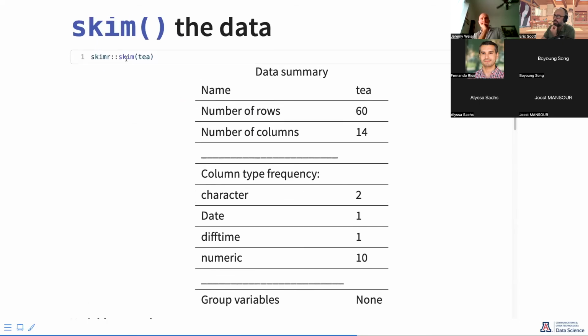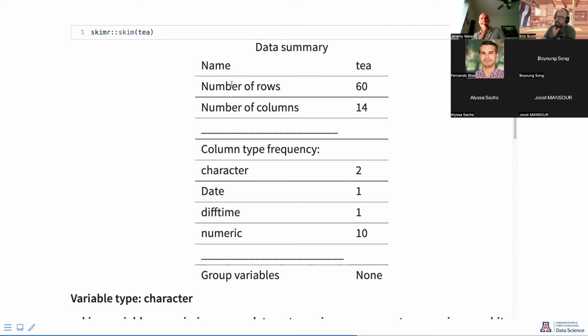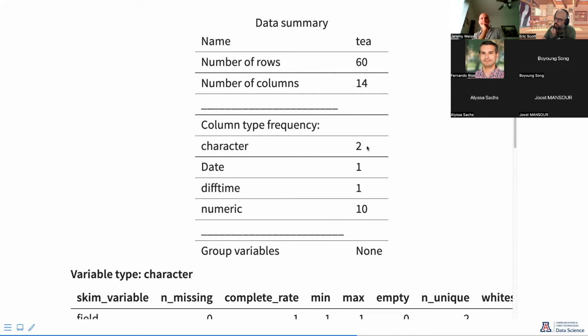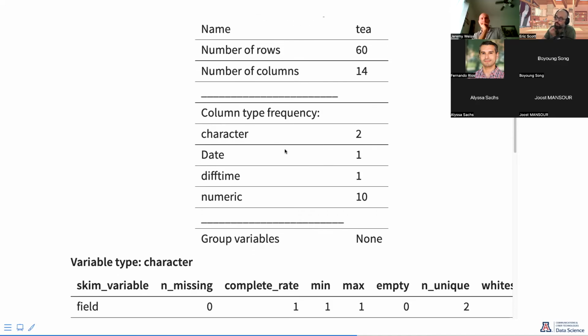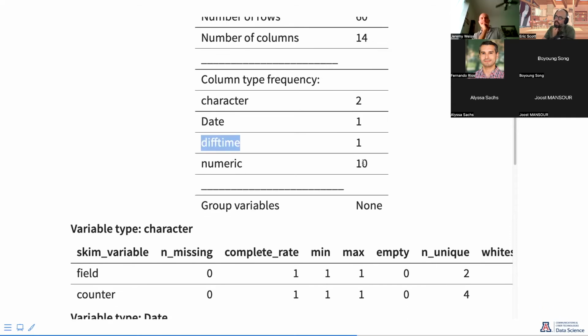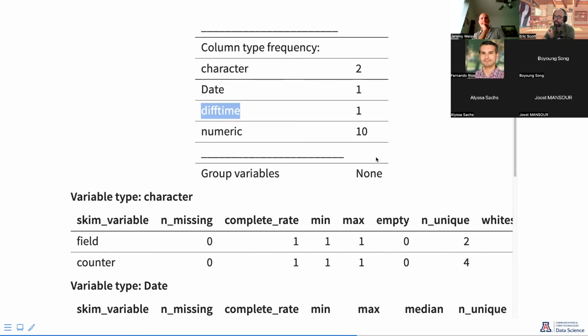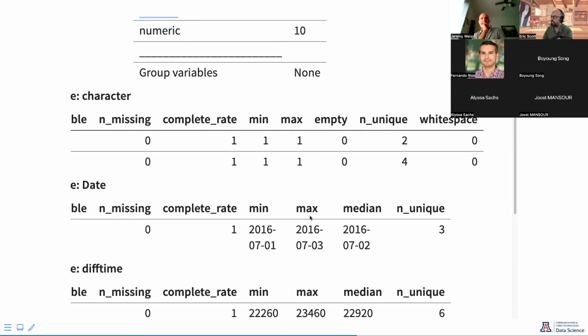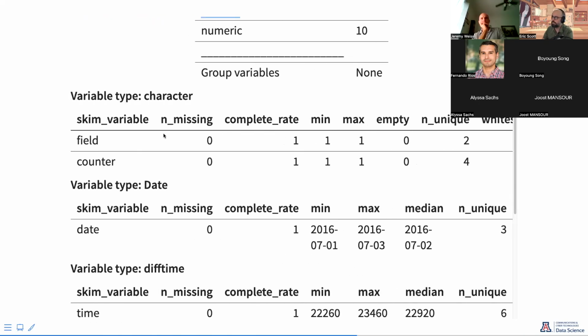When I run it on that T data set, I get a data summary that tells me the number of rows and columns, tells me that I've got 2 columns that were read in as character, one read in as date, one read in as time, diff time, and 10 numeric columns. It's a little hard to see on the slides because you have to scroll, and I'll show you in RStudio in a second.